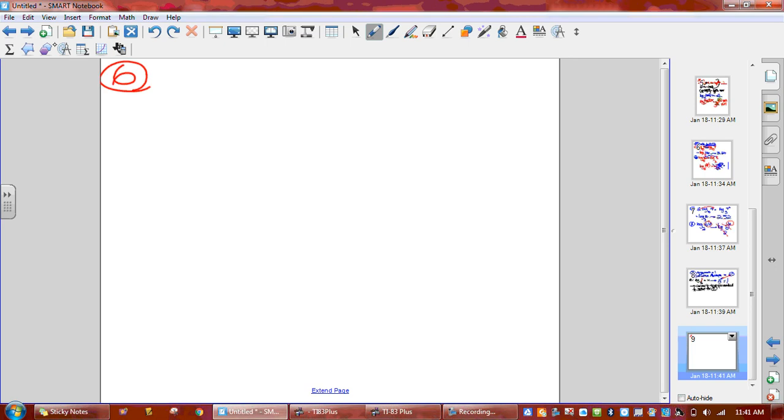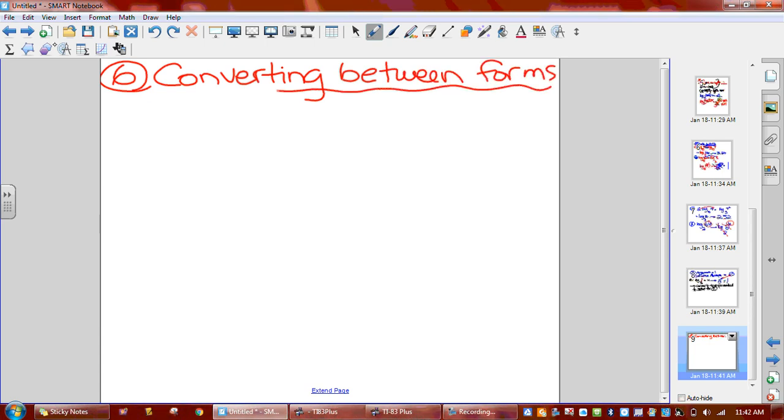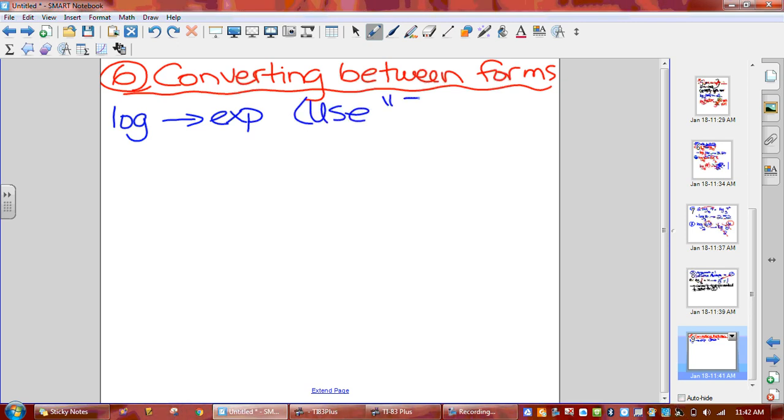So, number 6, converting between forms. So, if I've got, we're going to go log to exponential, we use the 7 rule.